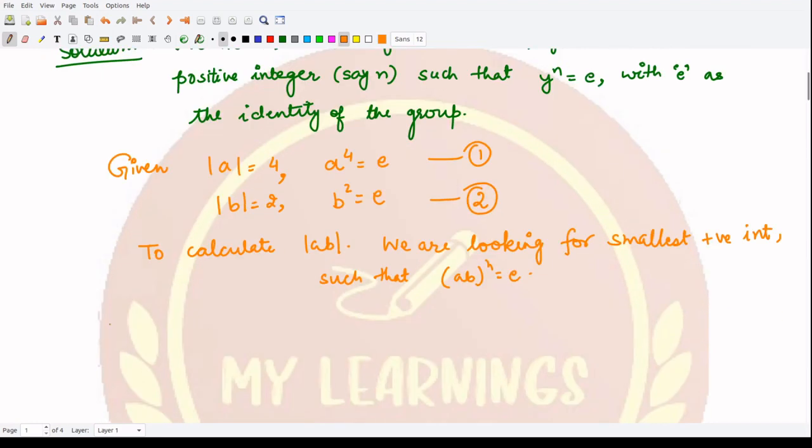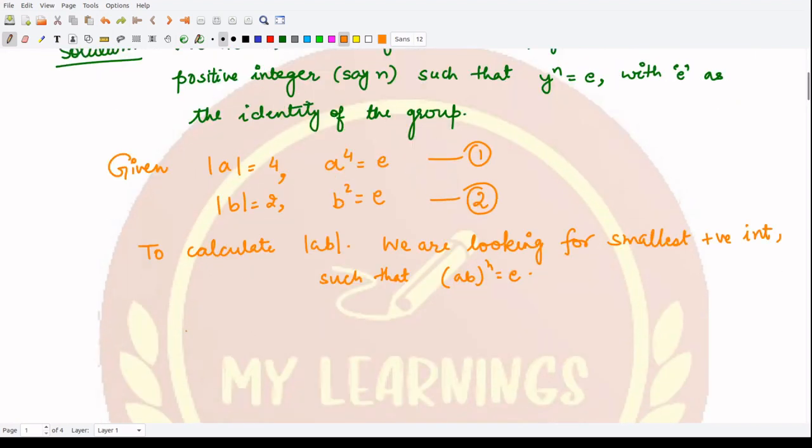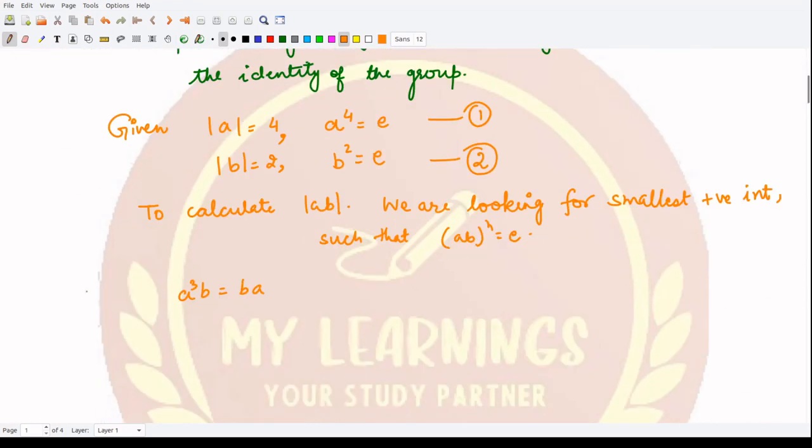So let's use the condition which is given to us: A cube B is equal to BA.